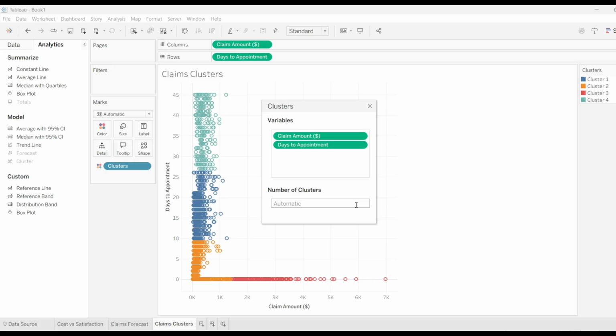Now, I'm going to tell you, in my Python and R classes, we do tests to help determine the best number of clusters. We do that by using things like elbow charts or the silhouette method to determine whether or not the amount of clusters is actually the best one to use, okay?